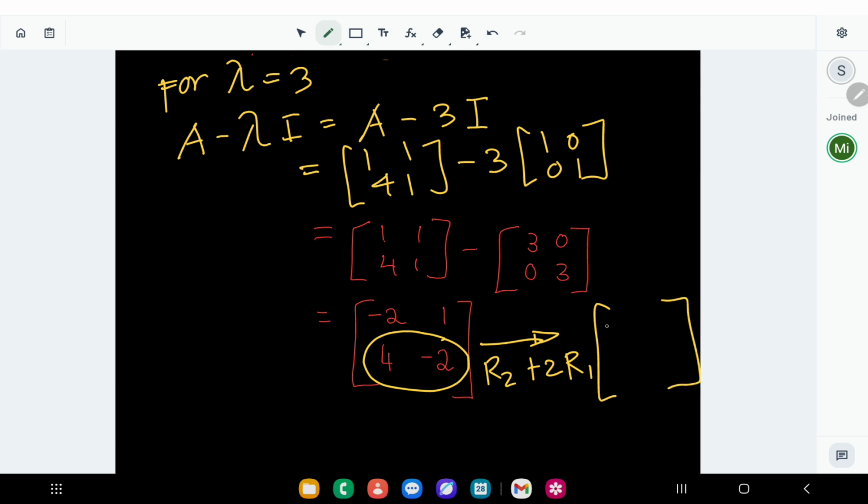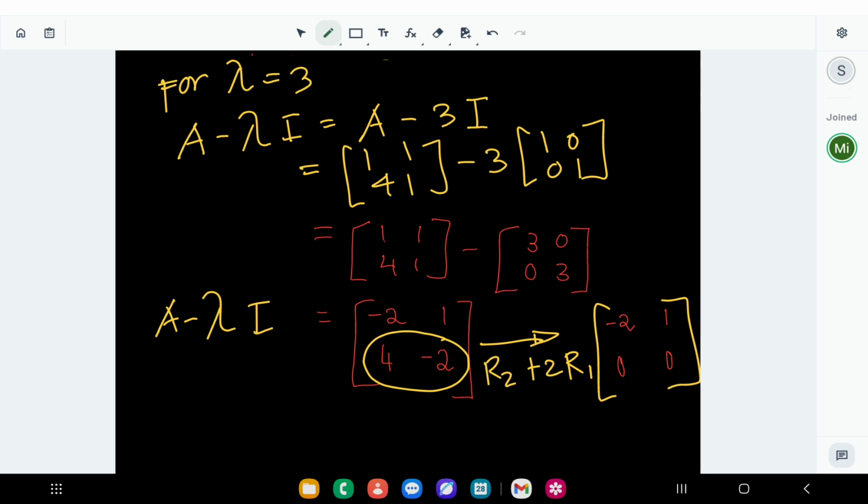R2 plus 2 times R1, 4 plus 2 times -2 is 0. And then -2 plus 1, that's also 0. Okay, so that is our A minus lambda I for lambda equals 3.